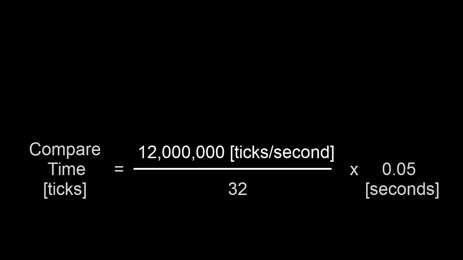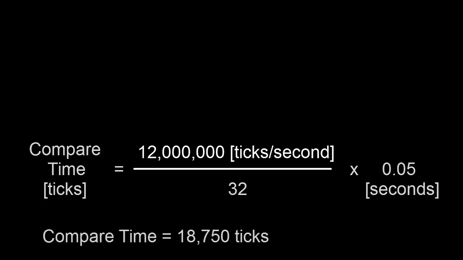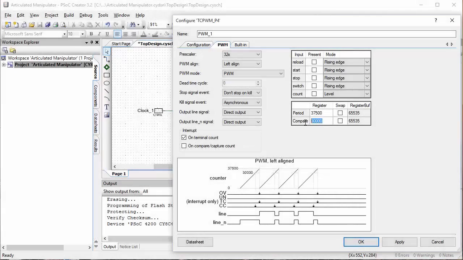12 million divided by 32 is 375,000. Multiplied by 0.05 gives us 18,750. So I'm going to fill that in for the compare value.